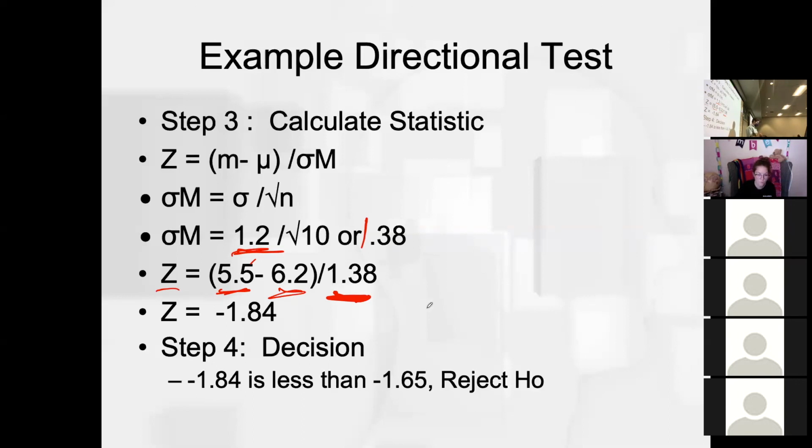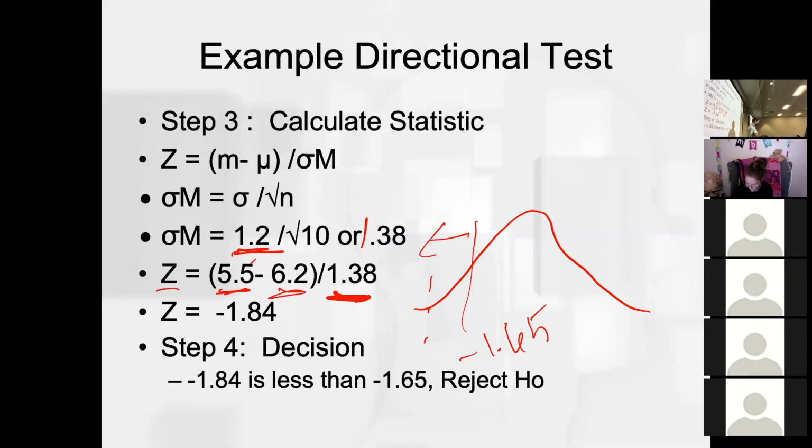Because negative 1.84 is more extreme than the negative 1.65, let's go ahead and draw this here. It's negative 1.65. Because negative 1.84 is more extreme, further into the tail, we're going to reject the null hypothesis.